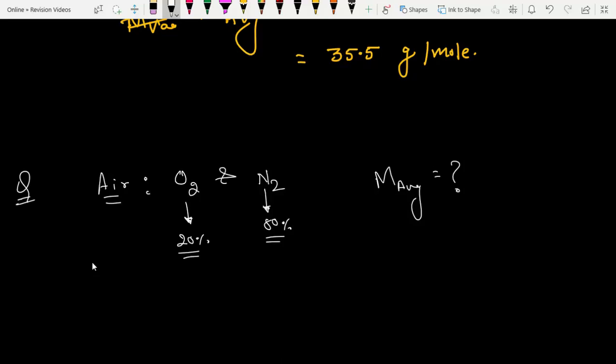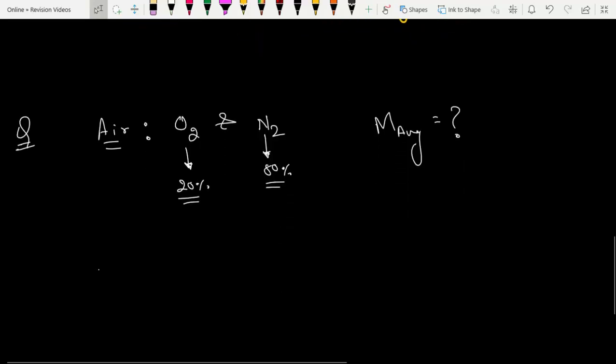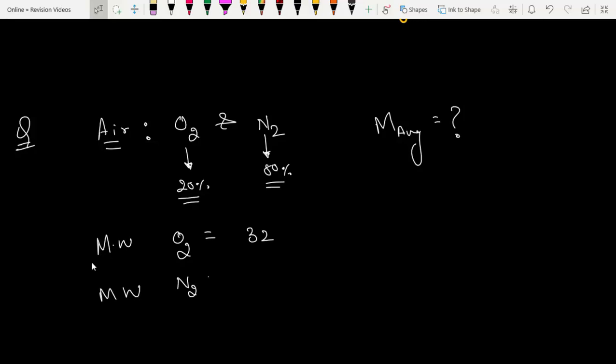Okay, so we'll again do the same thing. Molar mass of oxygen is equal to 32, as we already know. Molar mass of nitrogen is equal to 28. So the formula for M average is equal to number of moles.